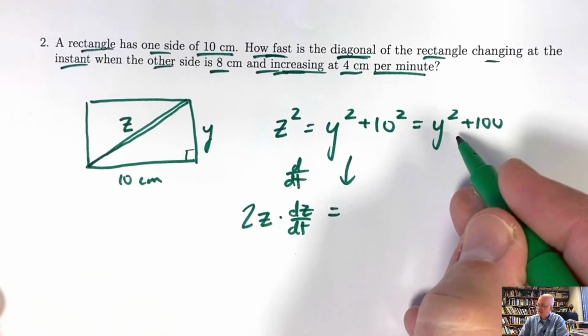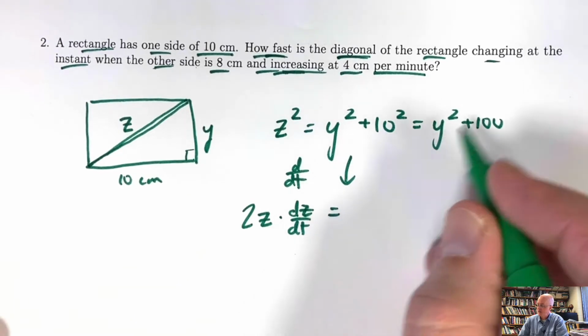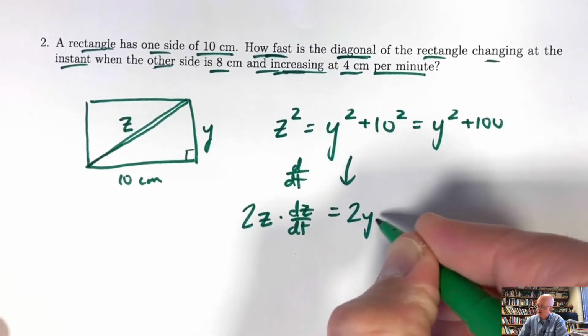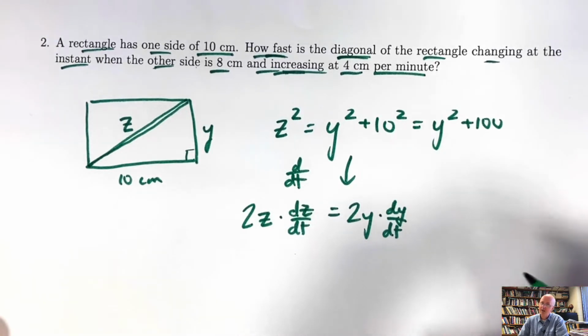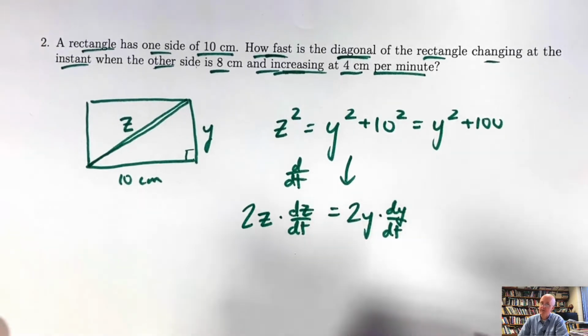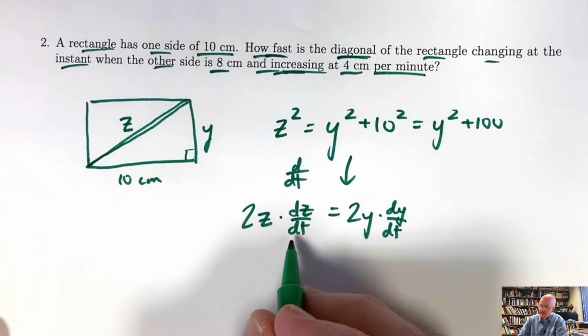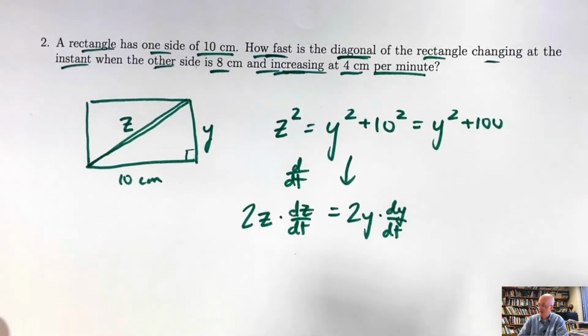Same kind of thing happens over here. The 100 is an honest-to-goodness constant. It differentiates to 0. The y squared differentiates to 2y times dy dt. The derivative of the outside function, plug in the inside function, in both cases, z there and y there, times the derivative of the inside function, dz dt on the left and dy dt on the right. I used the chain rule twice here.